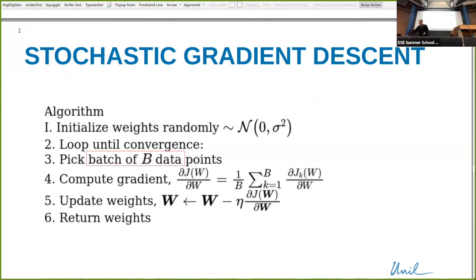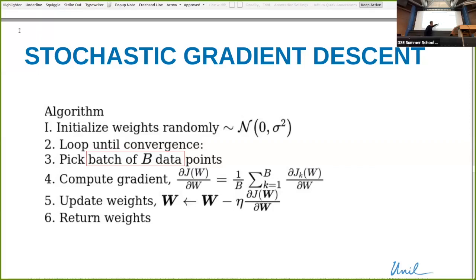So what you do in neural nets is what's called batch gradient descent. If you have 100 points, instead of estimating your gradient based on all 100 points, you randomly select 10.